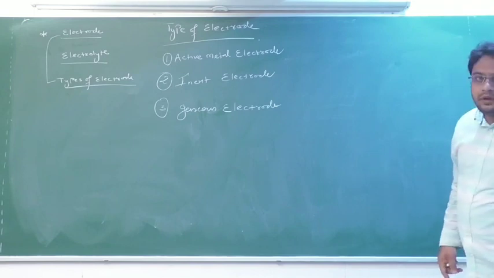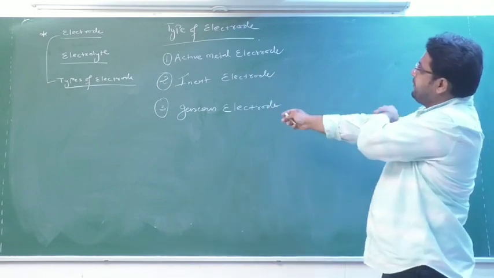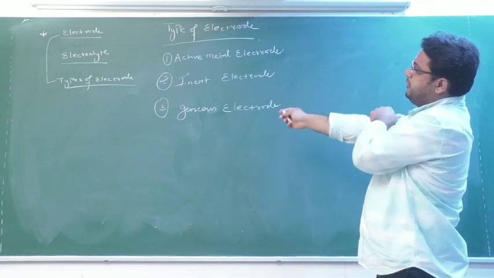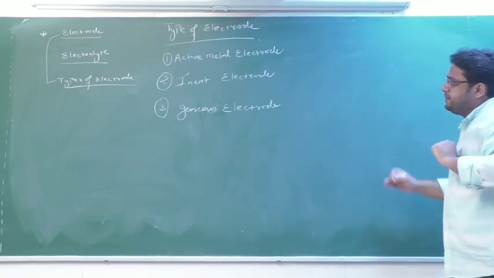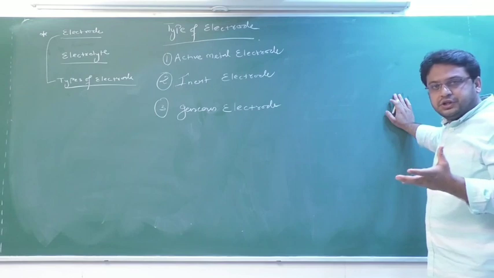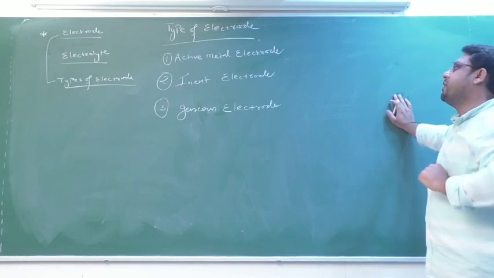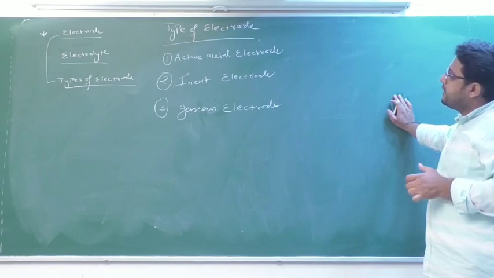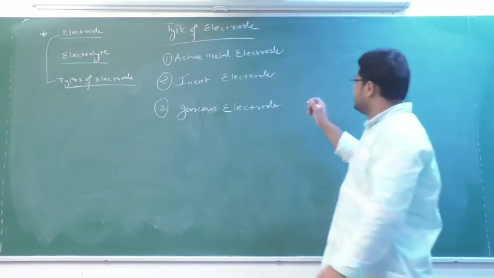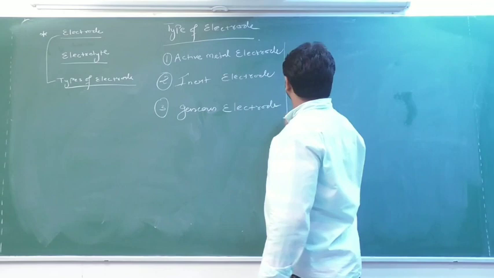Here we will see types of electrode. I told you electrode means a metallic strip which undergoes oxidation or reduction, or provides the space for redox reactions. Now we will see in detail. First, the active metal electrode.